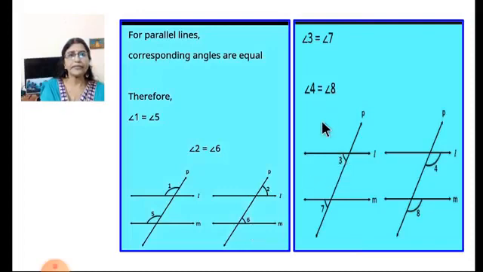If you take the lower left, here also lower left was angle 7, so angle 3 will be equal to angle 7. And if we take lower right, here angle 4 is equal to angle 8. So these are corresponding to each other and they are equal in measure.